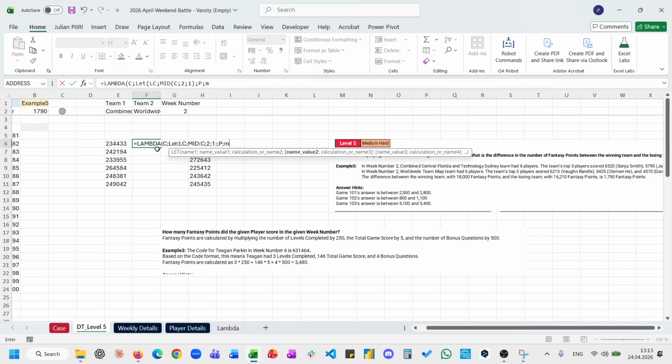P for points is MID C, start number 3, 3 characters, and bonus question is MID of C, start number 6, 1 character, and the score is LC times 250 plus P times 5 plus BQ times 500.